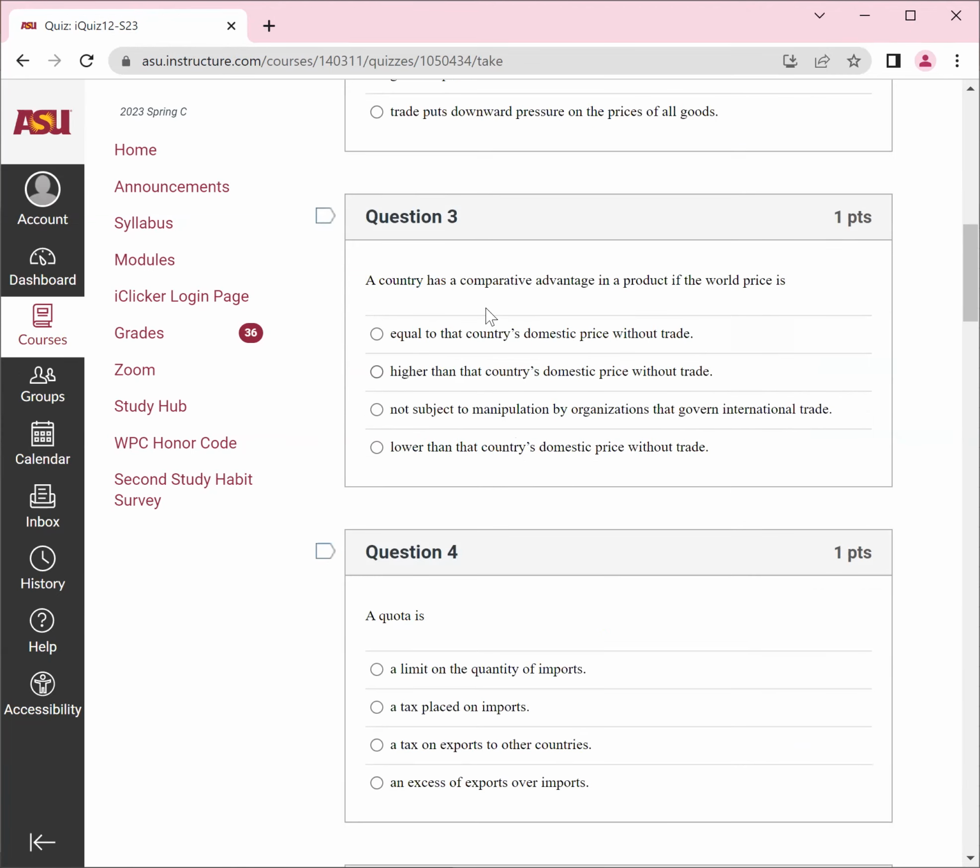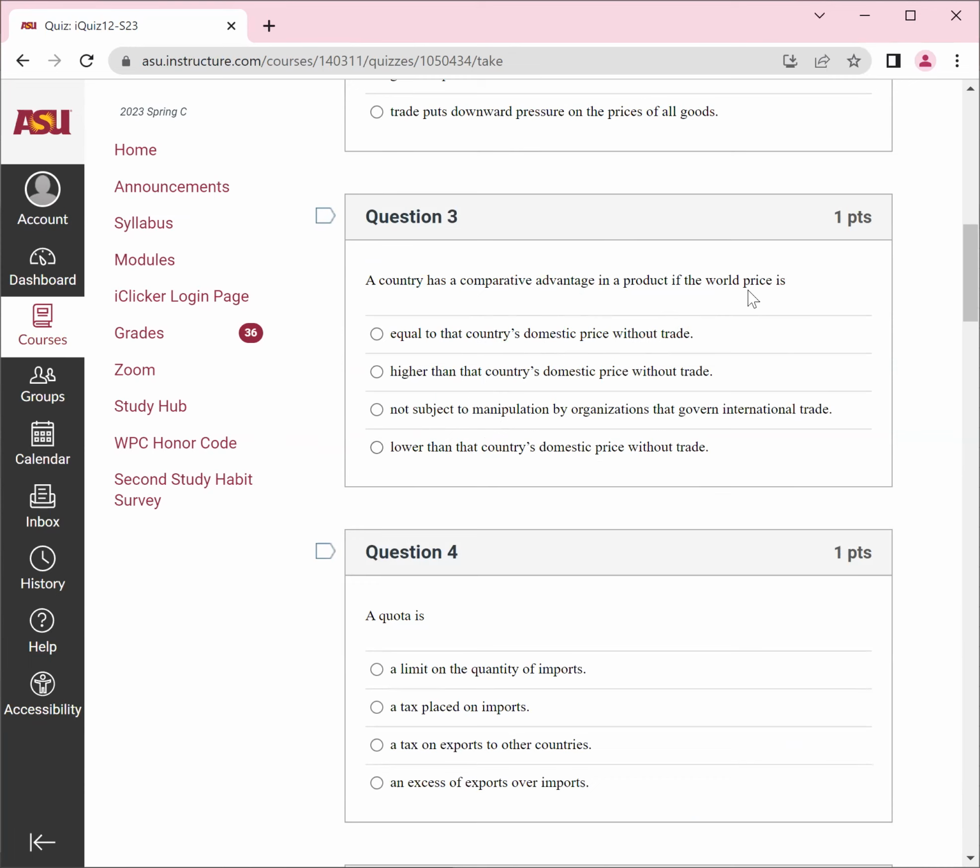A country has a comparative advantage. So comparative advantage means that it makes more sense for them to produce that good compared to another good. If the world price is... comparative advantage, so this is more complicated because typically comparative advantage means you just produce more of it.